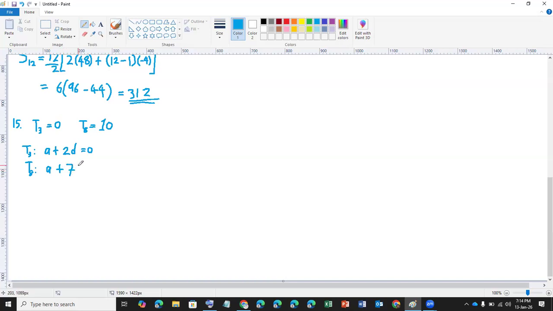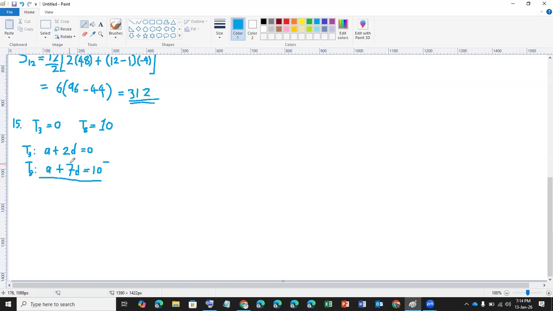What did you tell me was your most preferred method for solving simultaneous equations? Elimination, yes. So let's use your preferred method, which is elimination. Because A is easy to eliminate, let's do a minus.